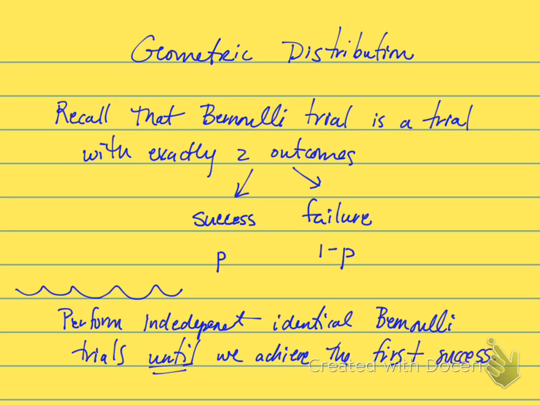So we are still performing independent Bernoulli trials that are identical, but this time we're not doing it a fixed number of times. We're doing it until we achieve the first success. So this does not have a fixed number of trials.